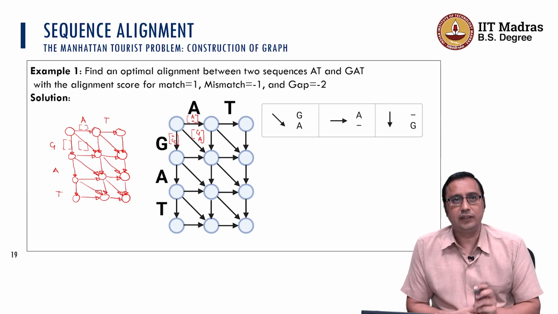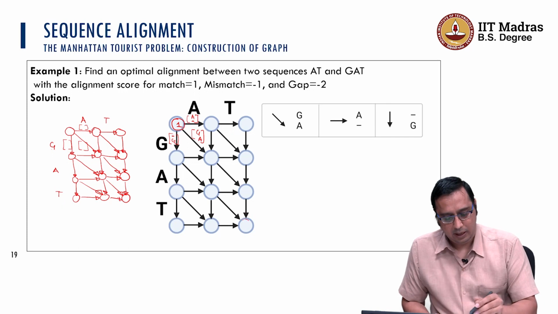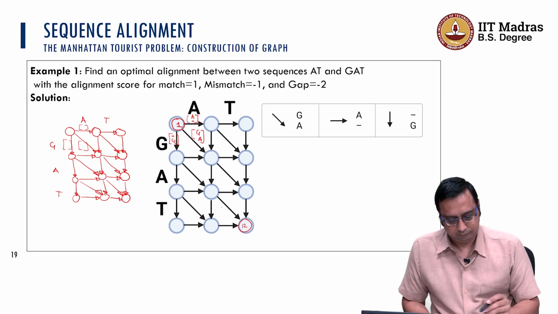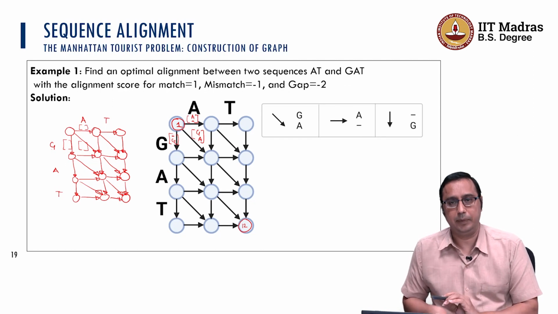If I do this, then this problem is similar to the Manhattan touristic problem, where I have to start from node 1, let's say, and reach node 12, correct? And find a path such that my score for that particular alignment is maximum.